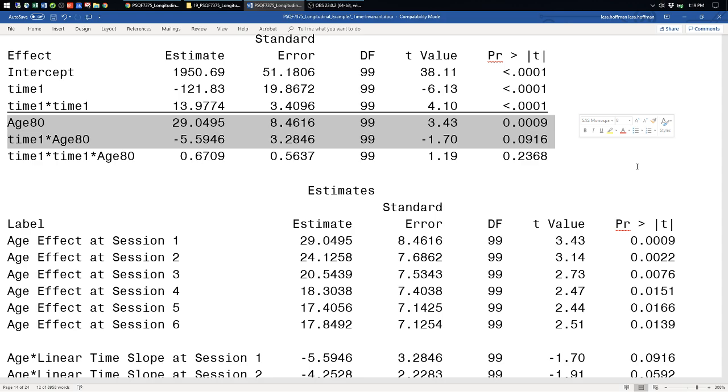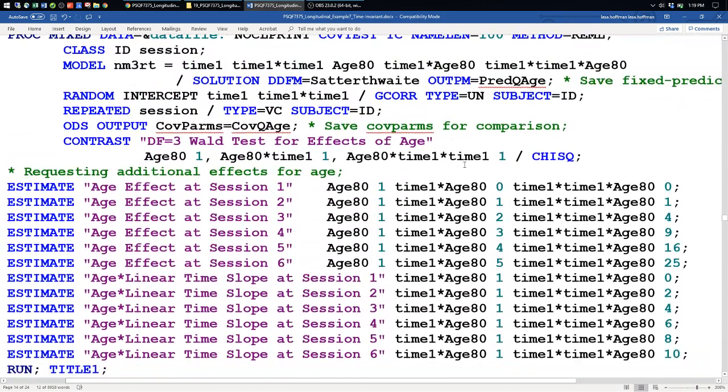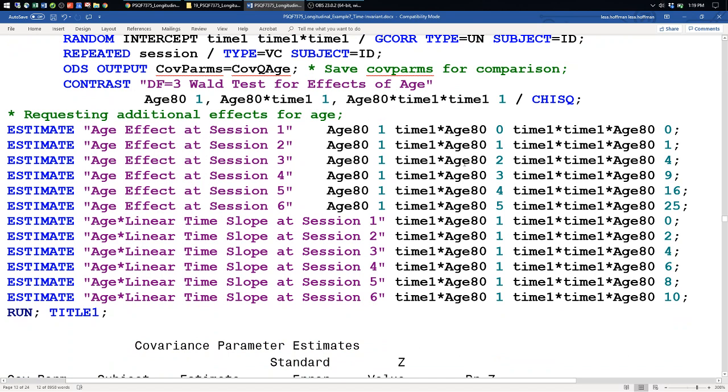This is why we asked for these estimate statements. This first set tells us what happens to the age effect at each session, so I can see if less positive is right. The second one tells us what that time by age interaction itself is predicted to be at any other session.